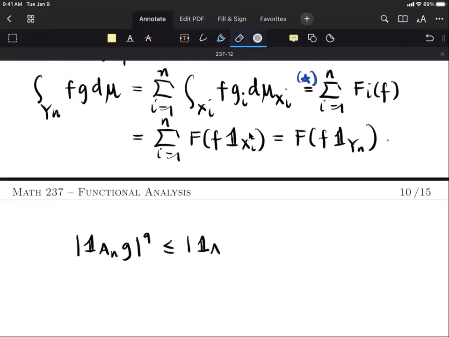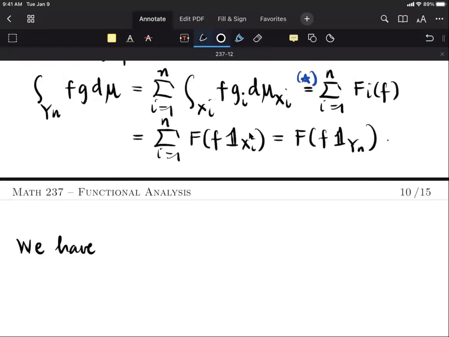But before that, let us focus on the product. Since f times the characteristic function of Y n tends to f, you apply the same argument as before.